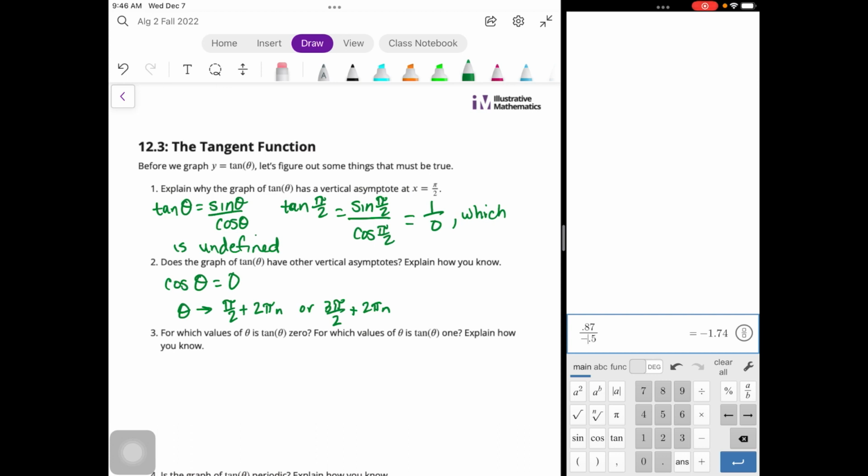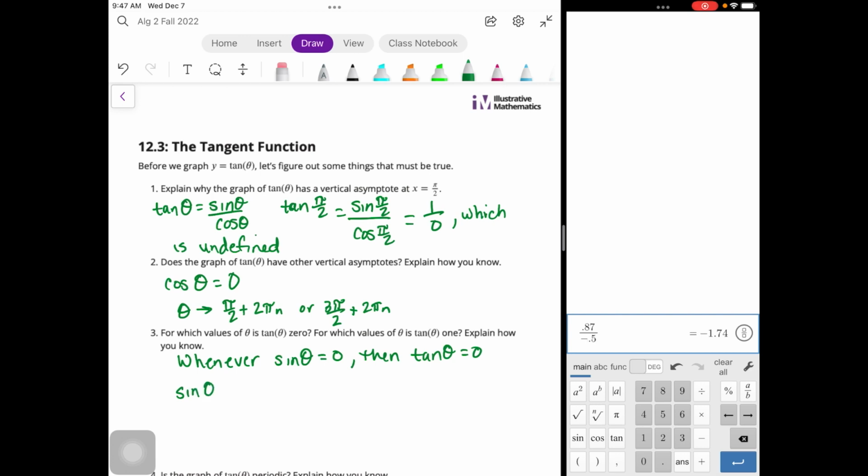So for which values of theta is tangent of theta 0? Remember, we can't divide by 0, but we can divide 0 by something else. So whenever the sine is 0, then tangent is 0. And so what values are sine 0?